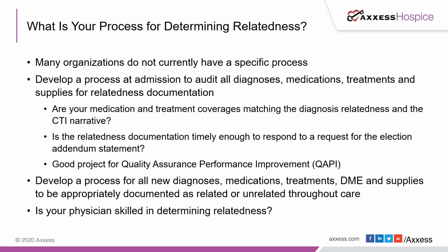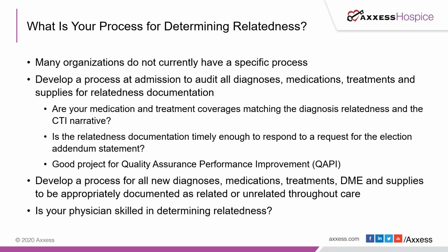So developing a process at admission to audit all diagnoses, medications, treatments, and supplies for related diagnoses would be great. It would be a great QAPI goal, actually, to look at that and work on improving that and getting that timely and to 100%, which you could absolutely use with your QAPI.